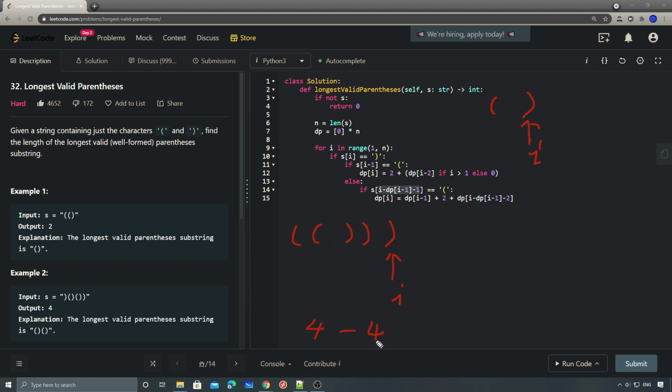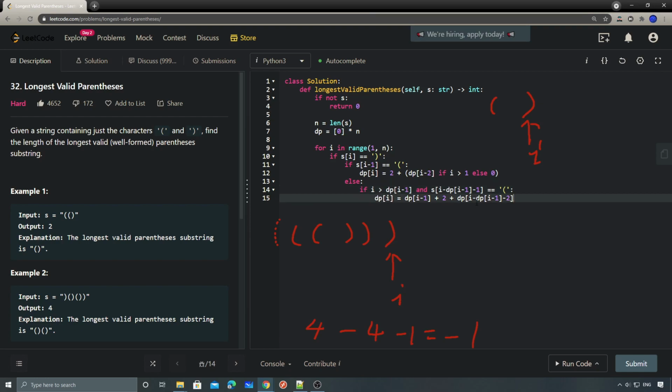So 4 minus 4 minus 1 equals minus 1. That's why in this case we also need a simple check: if i is greater than dp[i-1] and so on. We do this because if there's nothing on the other side, we simply skip this.